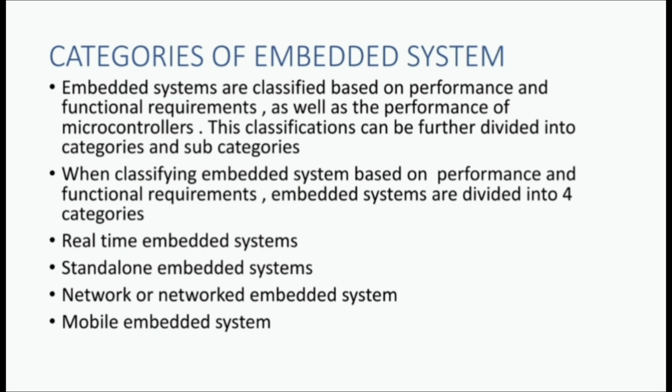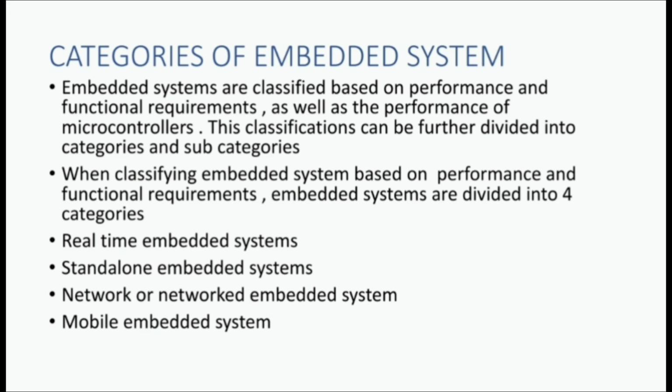Coming to real-time embedded systems, these are computing systems that interact with the external world and have specific timing constraints. For example, anti-lock braking systems in cars, medical devices, and industrial automation systems. Real-time embedded systems are critical in applications where timely and accurate response is essential.